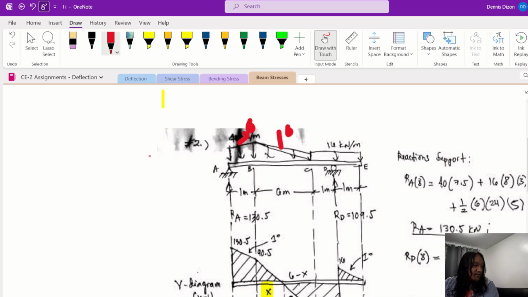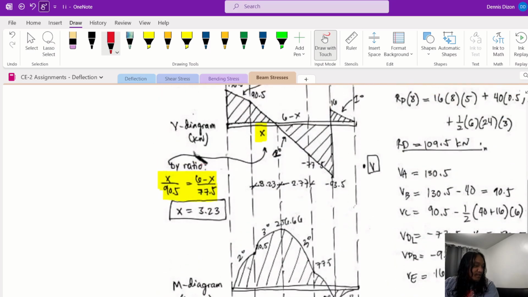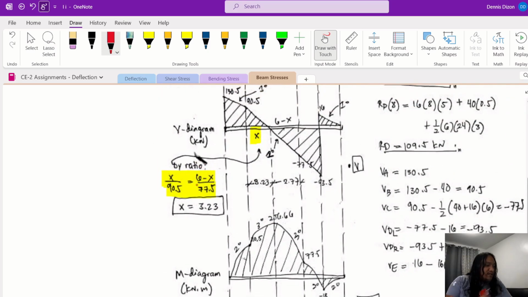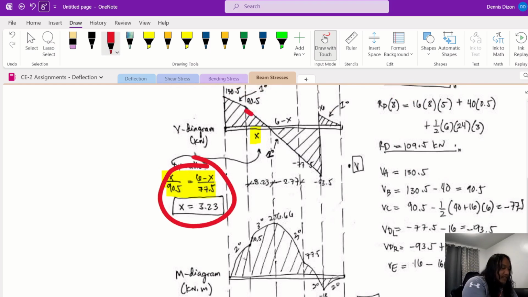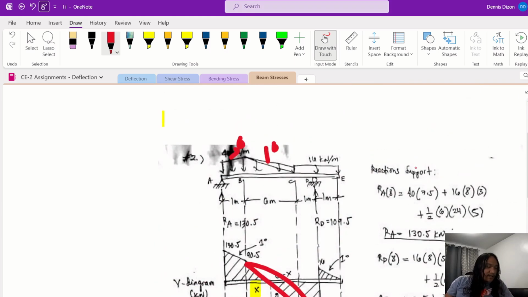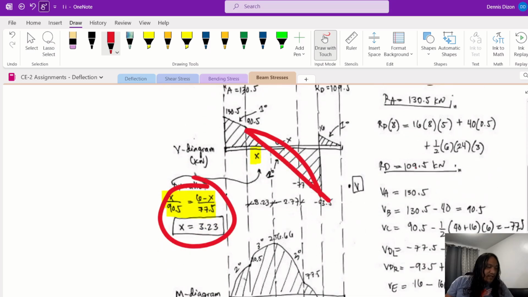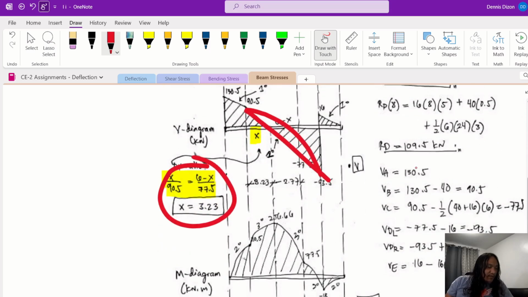So you cannot use this equation here, because the load, this line here, is not a straight line. This is already a curve line, like a second degree curve, because your load diagram is already in the first degree. So we will try to solve this again, and then we will check.